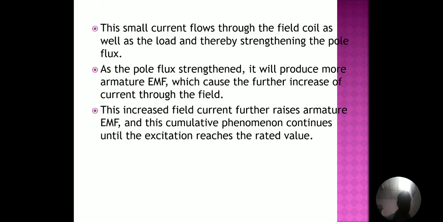As the pole flux is strengthened, it will produce more armature EMF, which causes a further increase of the current through the field. As this increase of the field current raises the armature EMF, this cumulative phenomenon continues until the excitation reaches the rated value.